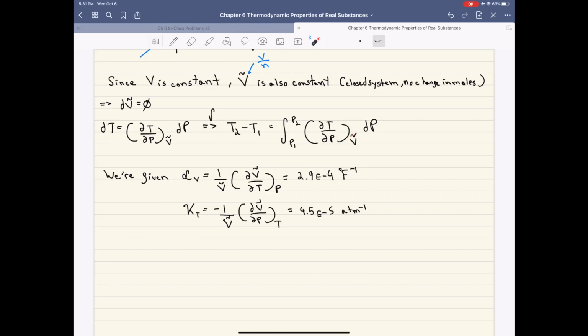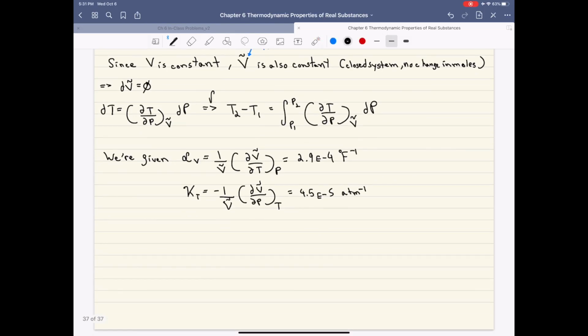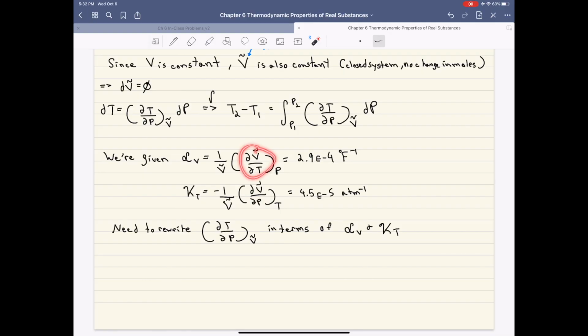In order to utilize these parameters, we need to figure out how to rewrite dT/dP at constant V in terms of alpha V and kappa T. Essentially, we just want to flip the order of these variables, cycling them through.